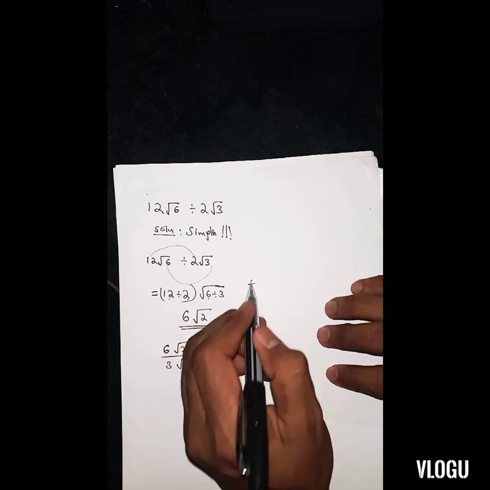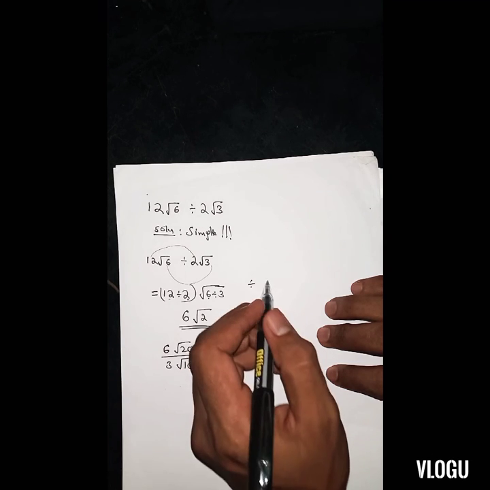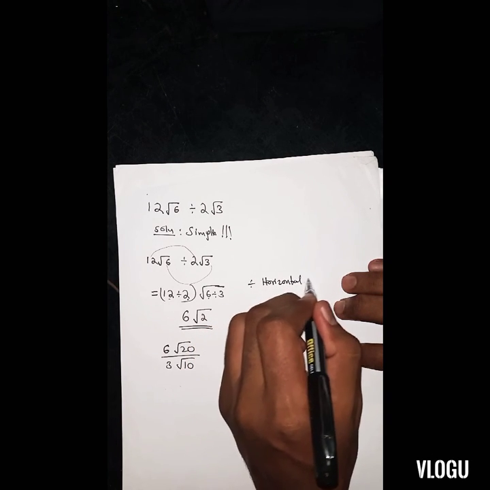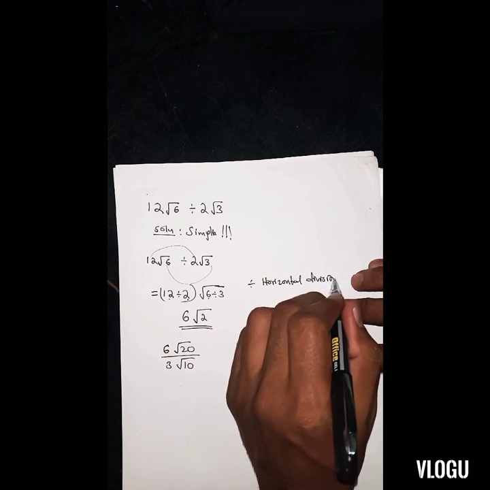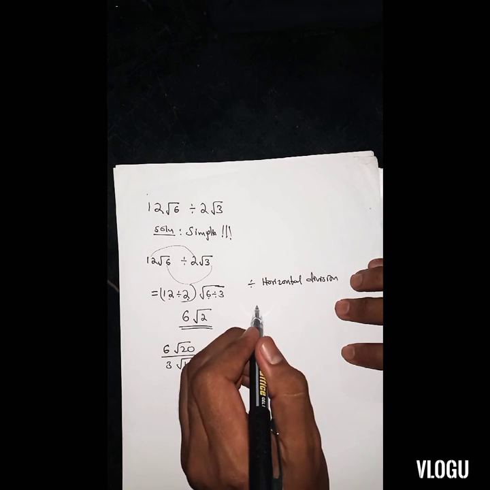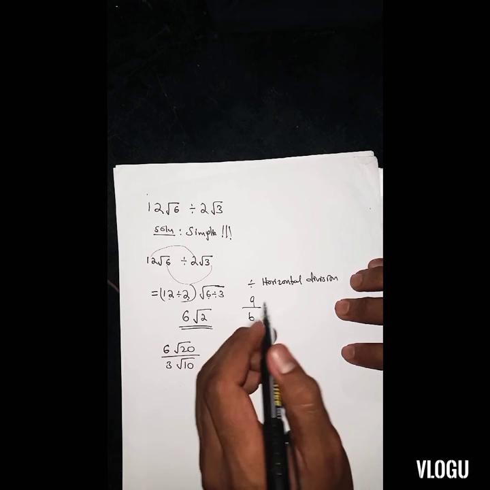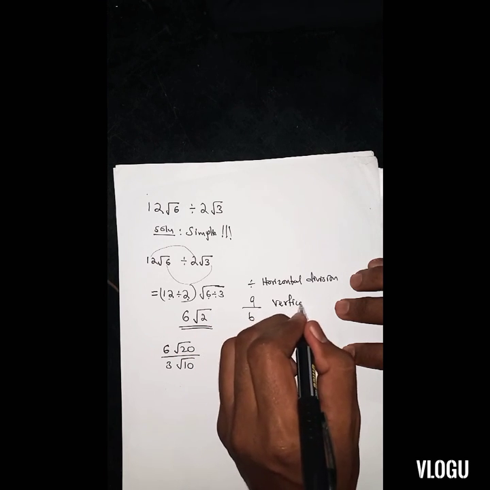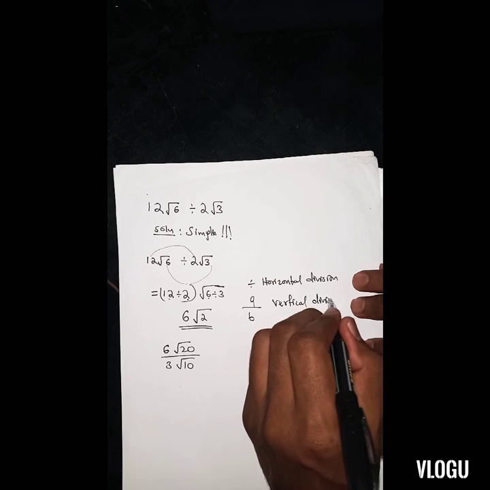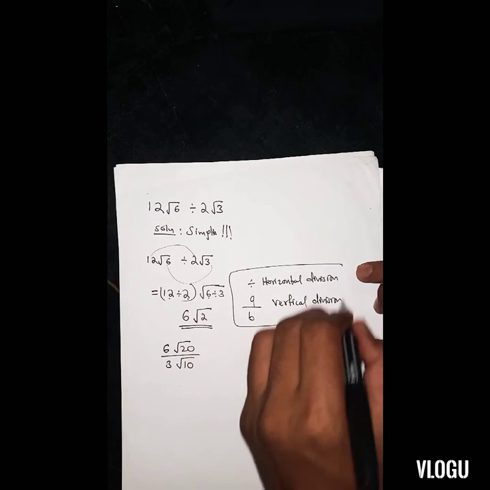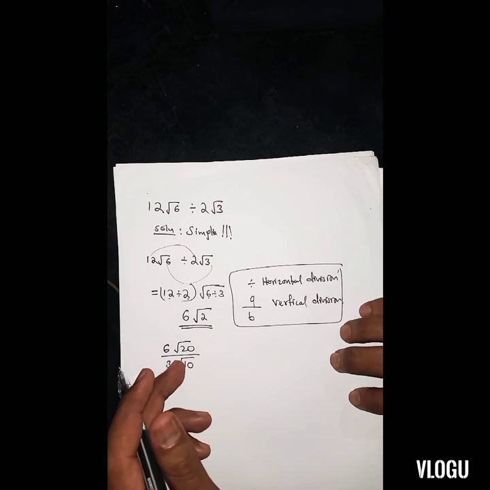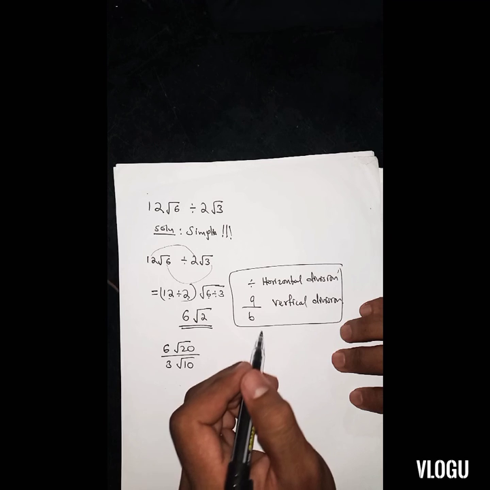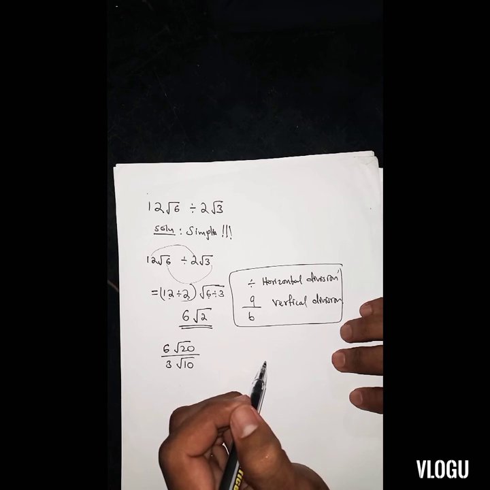This kind of division is called horizontal division, and this one, the one which you say A all over B, this kind of division is called vertical division. That is what you should know. Now let's go for a vertical division, and most of the time vertical division is used for fractions.